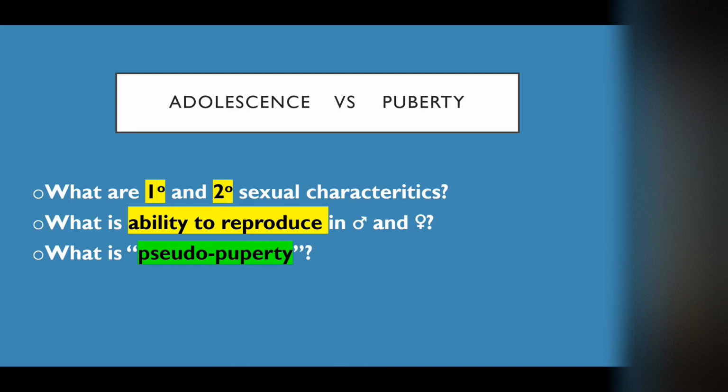Definitions now. What are primary and secondary sexual characteristics? And what is the ability to reproduce in males and females? Now, the first two questions, the yellow ones: sexual characteristics. Have you heard this before? Primary, secondary? What are they?